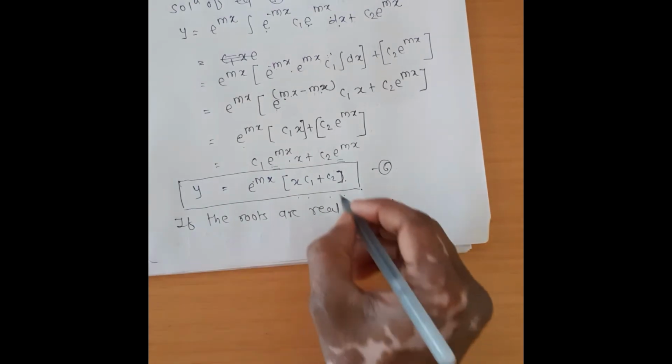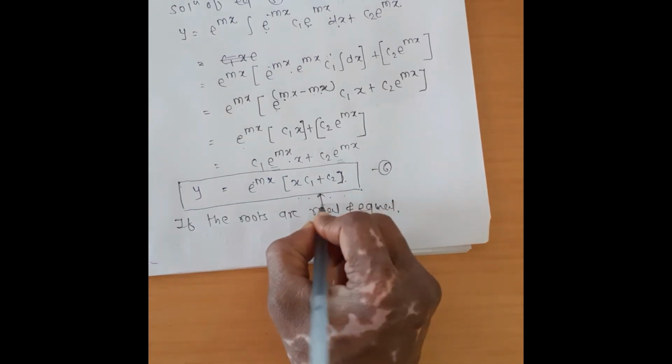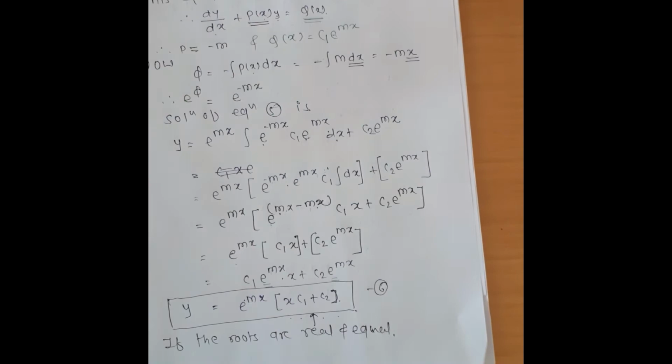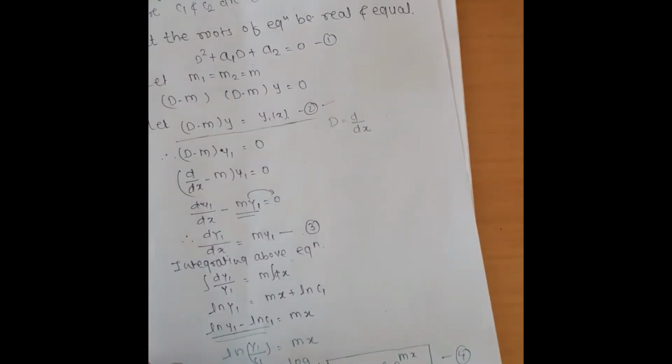If roots are real and equal, then we find the solution like this. So this is the total solution when the roots are real and equal. So using these equations we find the solution.